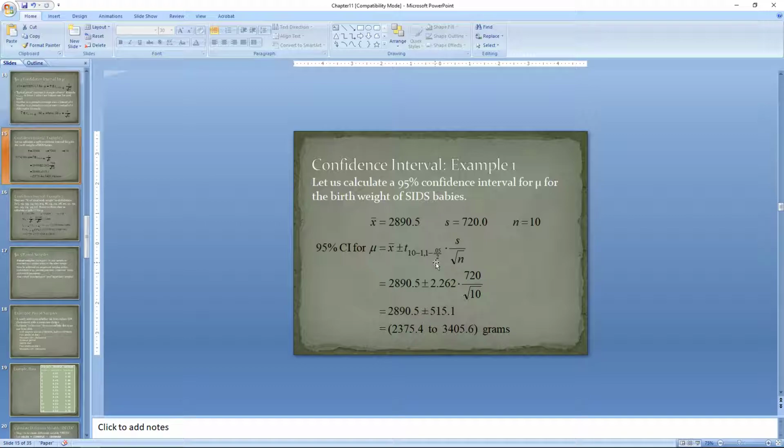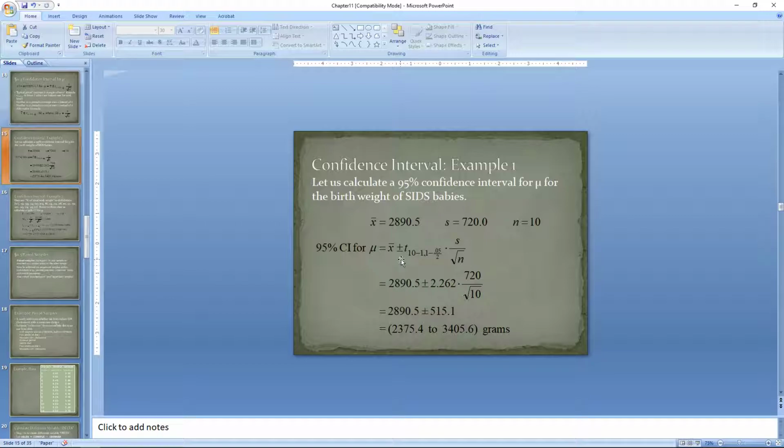You're actually looking at the cumulative probability. So it's 5%, but it's divided by 2 for both sides, so it's 2.5% on each side, so the cumulative probability from that point over is 0.975. So degrees of freedom 9 and 0.975 will give you your 2.262, which is what we have right here.